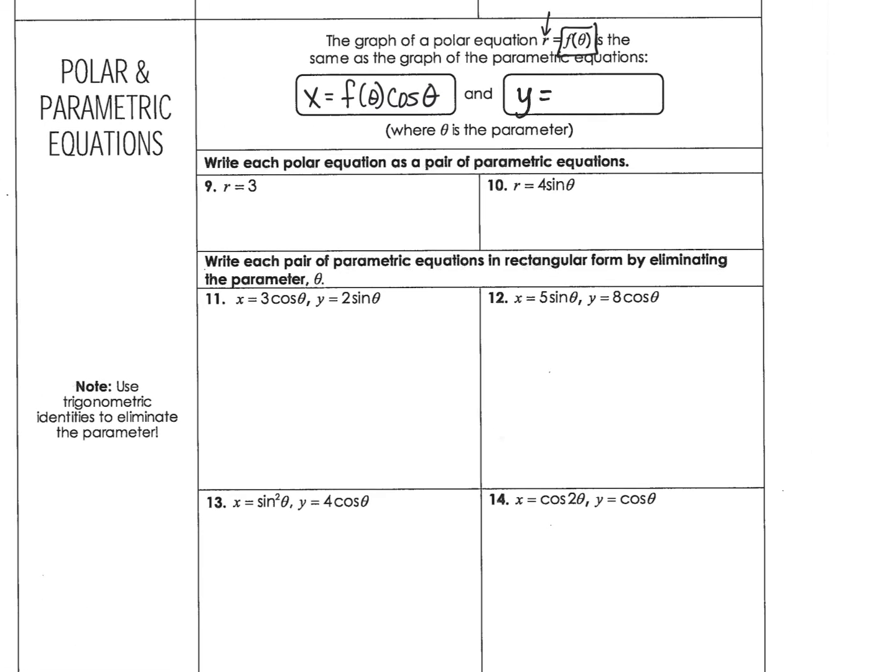So guess what y is? Same thing. F of theta times sine theta. And guess what they've just given me? So what is x defined as? 3 cosine theta. And y is 3 sine theta.